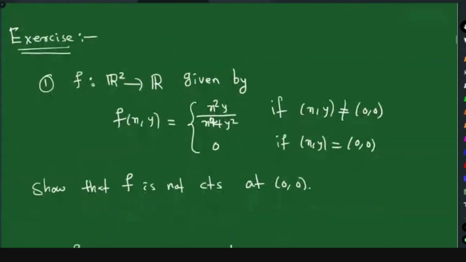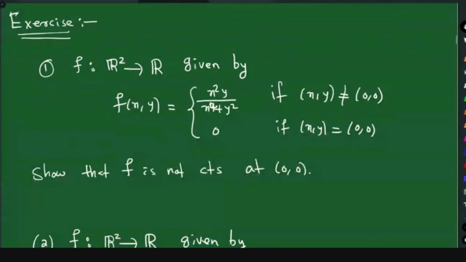So I will give you two exercises. You can try them later. You can try whether this function is continuous or not. It asks you to show that this function, x squared y divided by x raised to 4 plus y squared, is not continuous at (0, 0).